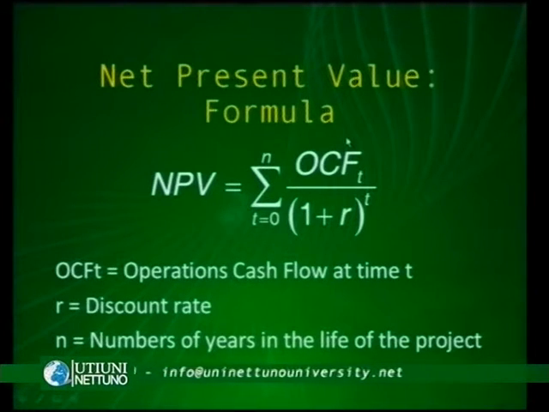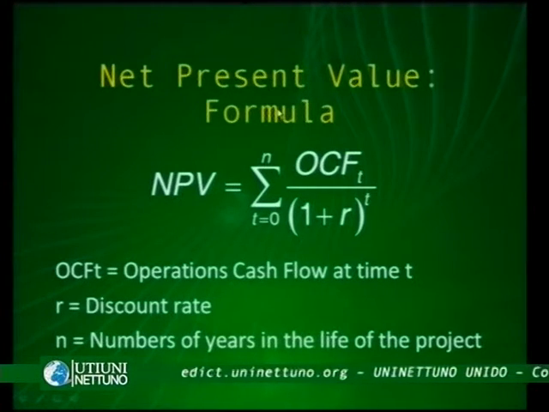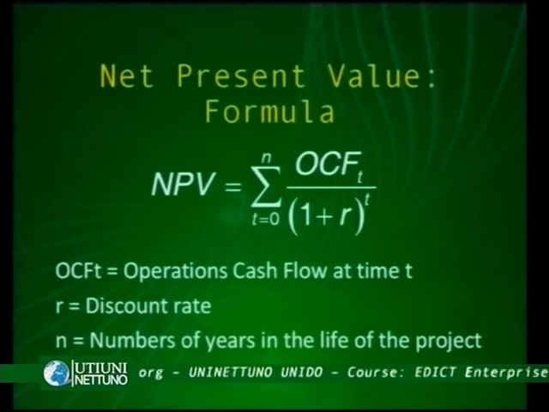So basically we are multiplying the operating cash flows at time t times 1 divided by 1 plus r to the power of t, that is the discount factor for a cash flow at time t. So we are basically doing what we have said before in a qualitative way. We are just estimating all the cash flows for all the times t in the life of the project from year 0 to year n, where n represents the end of the life of the project.